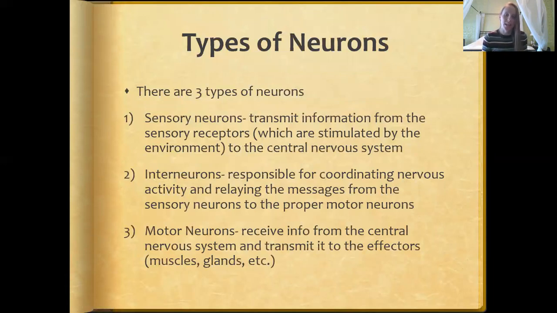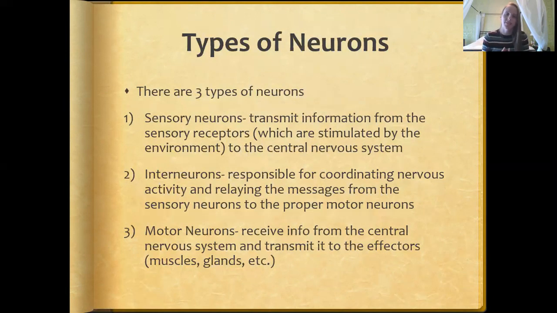There are three different types of neurons. There are sensory neurons, interneurons, and motor neurons. Sensory neurons transmit information from the sensory receptors to the central nervous system. Sensory receptors are essentially any receptor, which is a specialized type of sensory neuron, that can detect information about either the internal or the external environment.